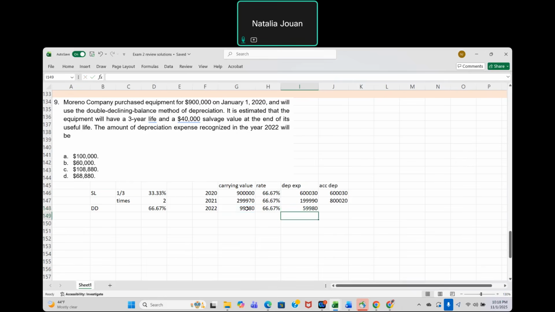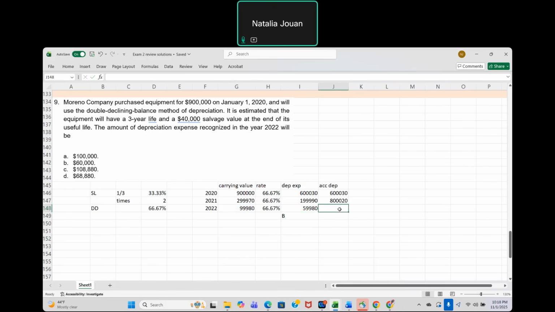So, well, 60,000 is the answer, the closest answer. Remember, Excel does not round. If you're doing this on paper, you're probably gonna get the 60,000, which is a rounded number. So in this case, just to clarify, the answer is B, 60,000. That's your depreciation expense.